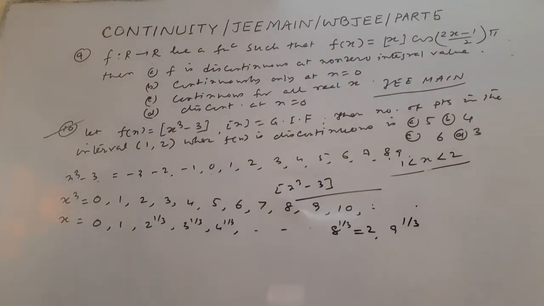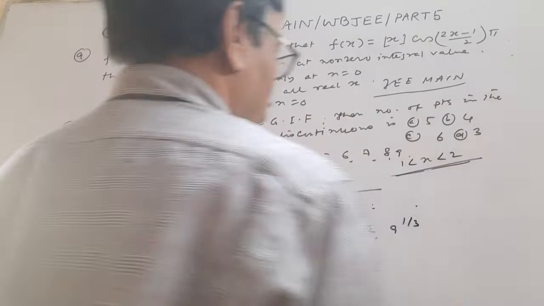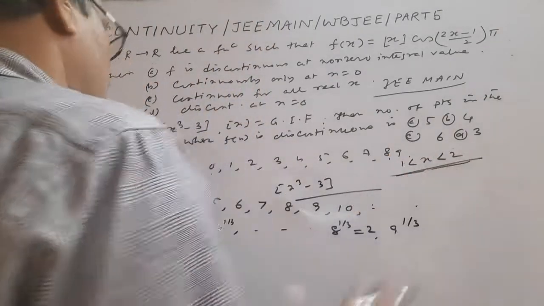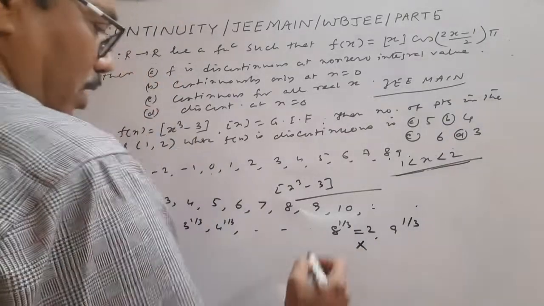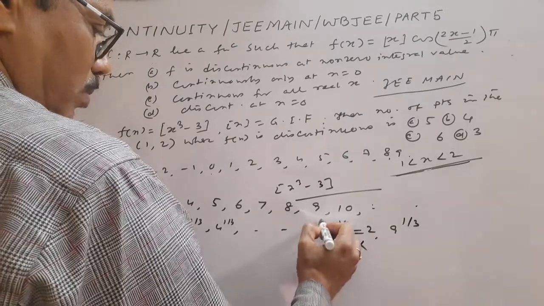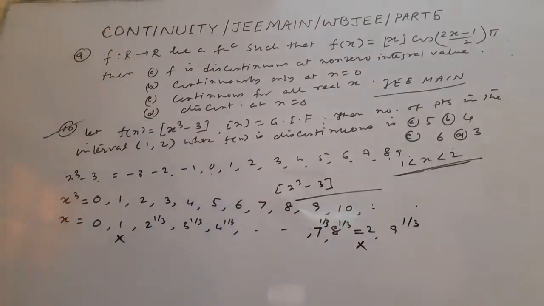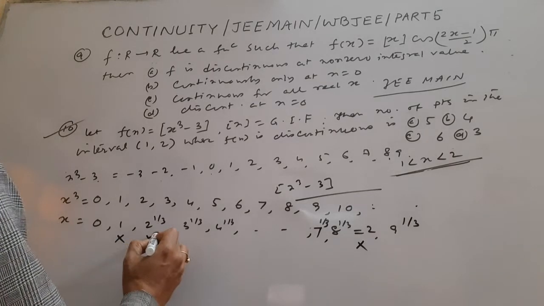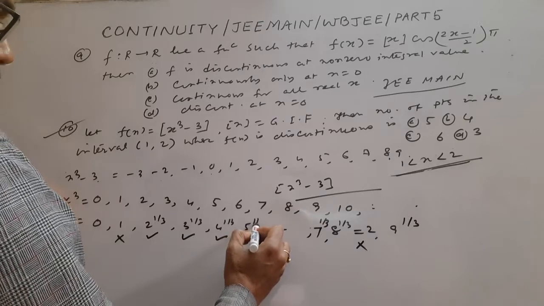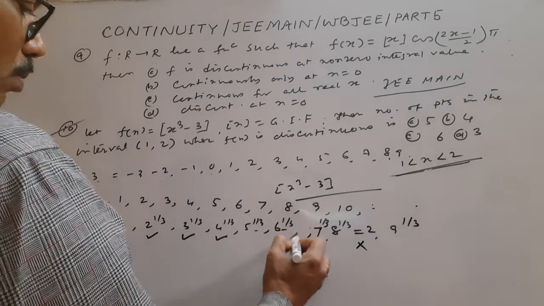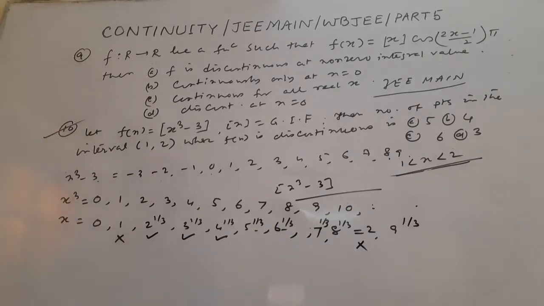Now look, restriction is imposed on 1 to 2. 1 is also not included, 2 is also not included. So 7 to the power 1 by 3. So how many values? 2 to the power 1 by 3, 3 to the power 1 by 3, 4 to the power 1 by 3, 5 to the power 1 by 3, 6 to the power 1 by 3 and 7 to the power 1 by 3. So how many? 6.